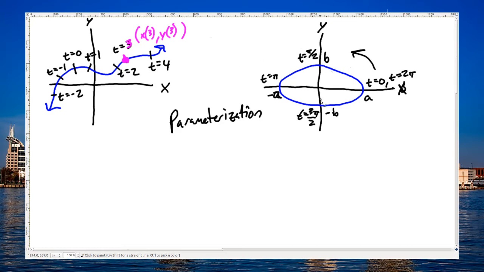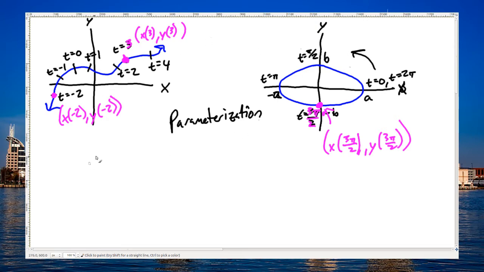Same thing here. Here we have the point where t is equal to 3 pi over 2. So that point would have the ordered pair x of 3 pi over 2 and y of 3 pi over 2. Of course, these functions x and y would be different for these two different curves. And so this point on this curve would be x at negative 2, y at negative 2, and so forth.